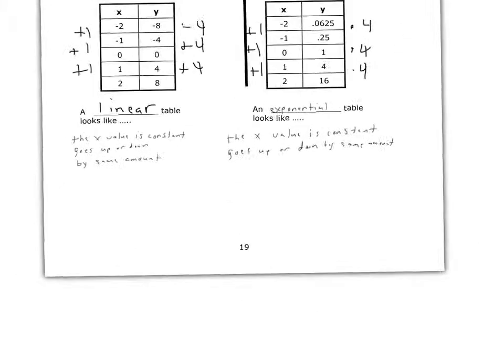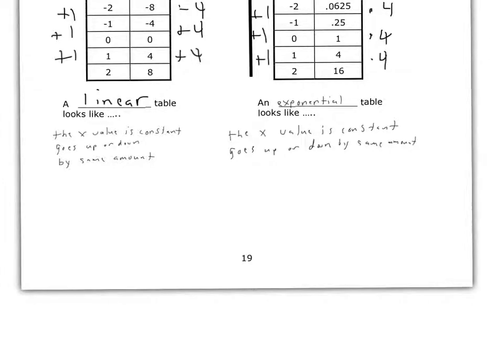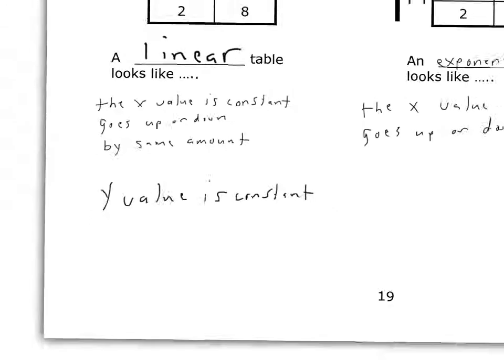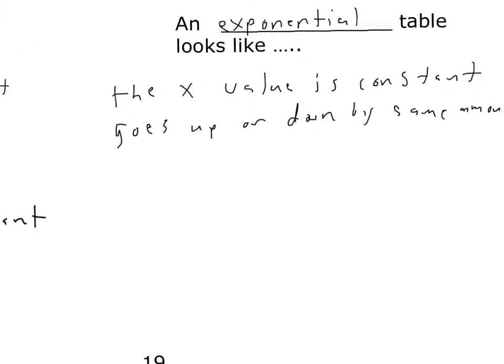But the y values are a little bit different. For your linear, your y value is constant. So for a linear table, your y value is constant, but your exponential y value is not constant.